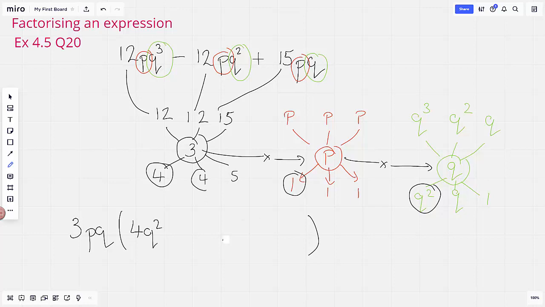Then we'll take this 4 and multiply it by this 1 here and this q here. So we'll end up with a negative, because it's negative above, 4q. And last but not least, we'll take our 5 multiplied by the 1 multiplied by the 1 and end up with a plus 5. And there is our solution.